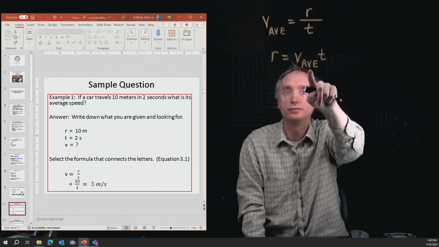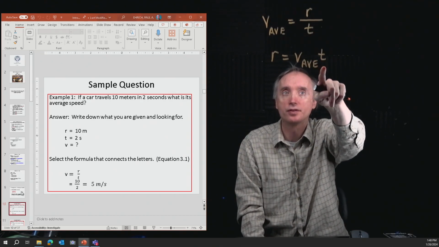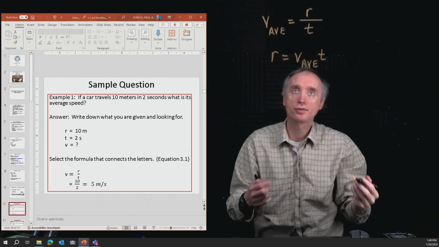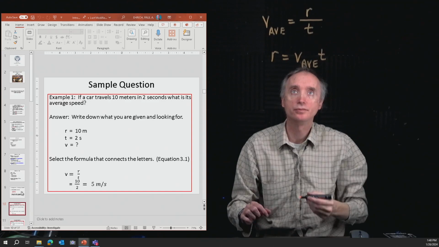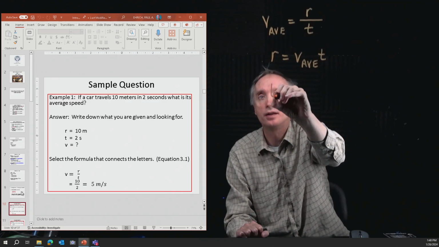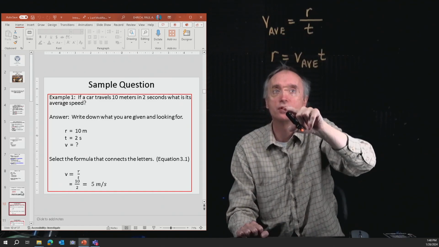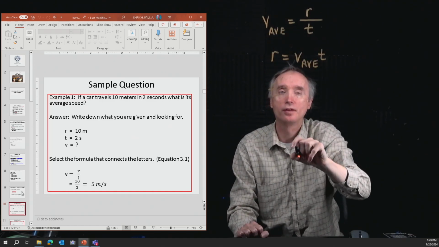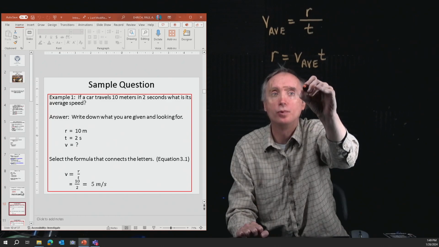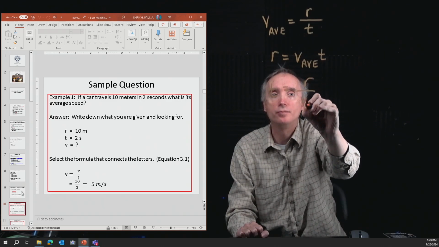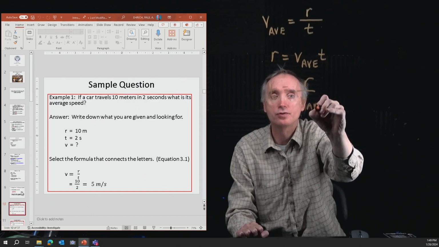If you're given the velocity and if you're given the time, then you could calculate the r. And then there's a third version of the equation, which is going to be that t. So if we solve this equation up here for the letter t, we end up with that t is going to be equal to r divided by v average.